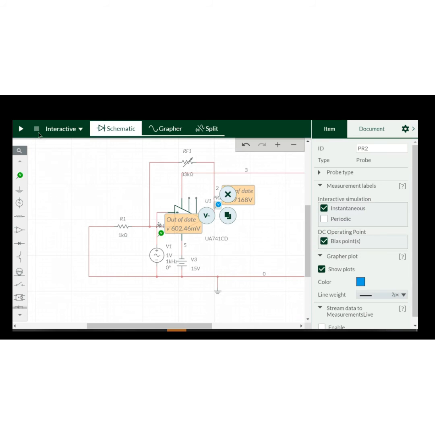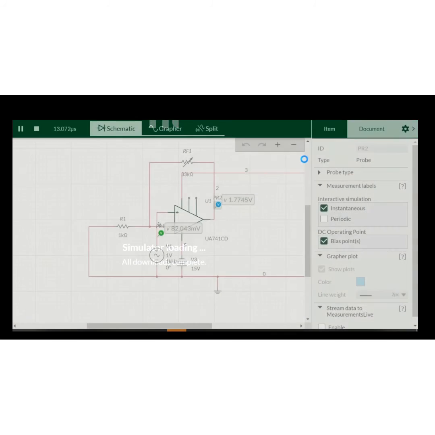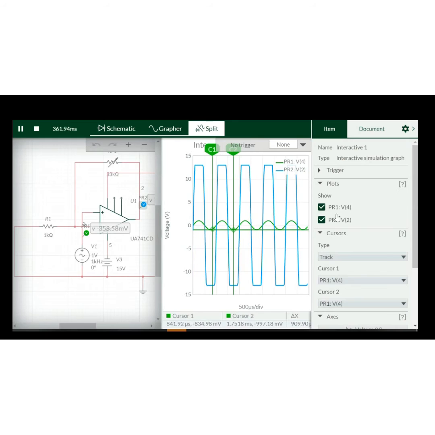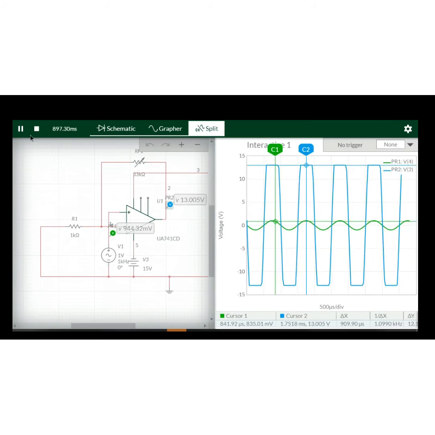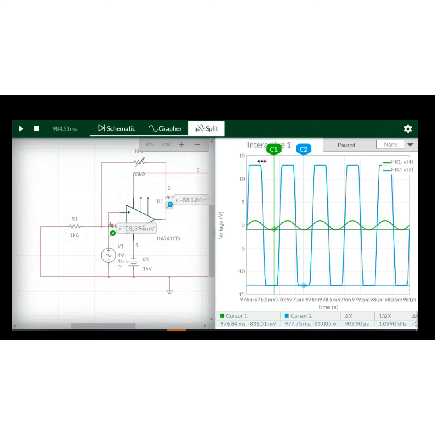Then run the schematic diagram, and then just split to see the graph. So cursor 2 is for V2. For the C1, the value is 997.54 millivolt, and for the C2 is 13.005 volt.